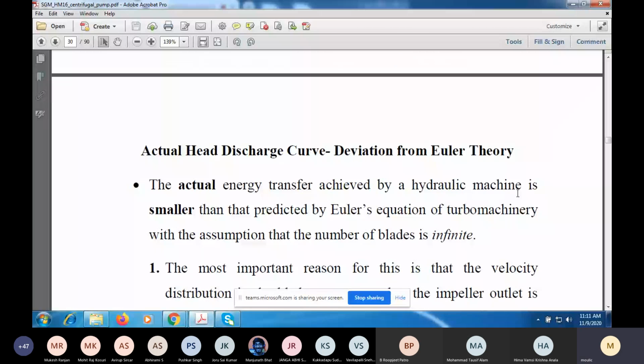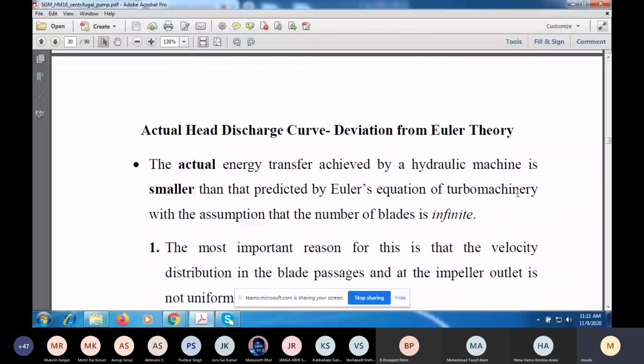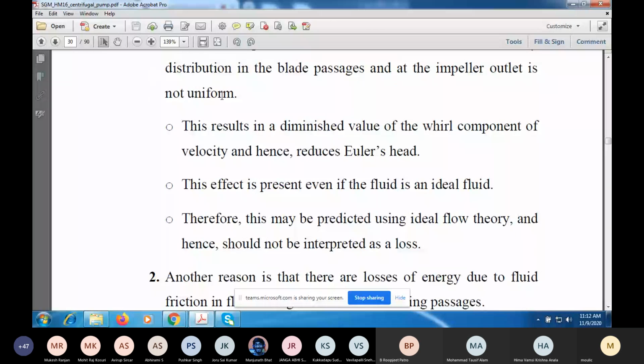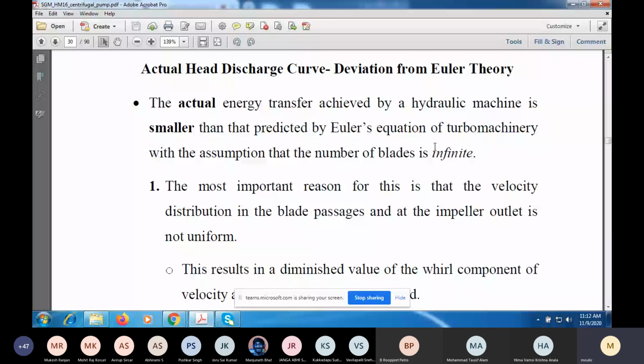All right, now we have seen last time the actual head discharge curve. So the actual head is smaller than what we have obtained by applying the angular momentum balance and assuming that the number of blades is infinite.